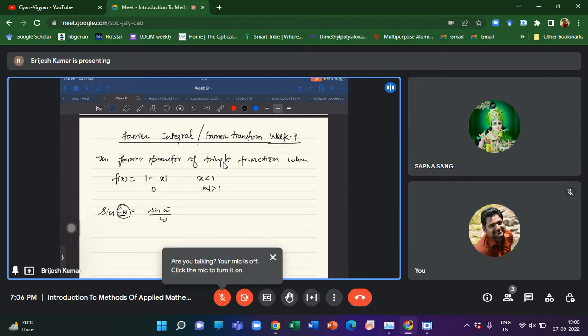This omega is in frequency form, right? Because Fourier transform converts the time function from the time domain to the frequency domain, right? So I could not understand what this C omega is.